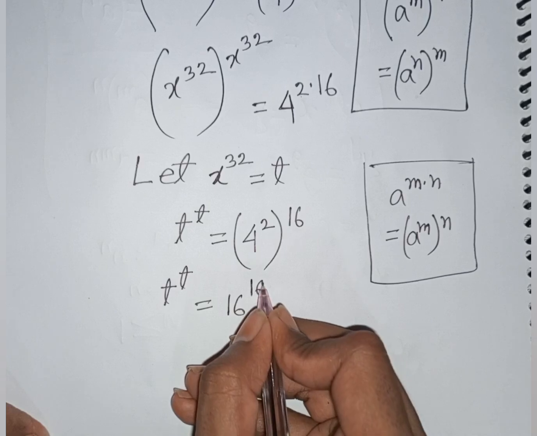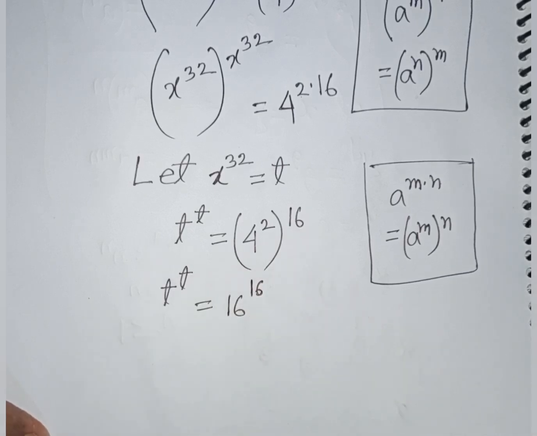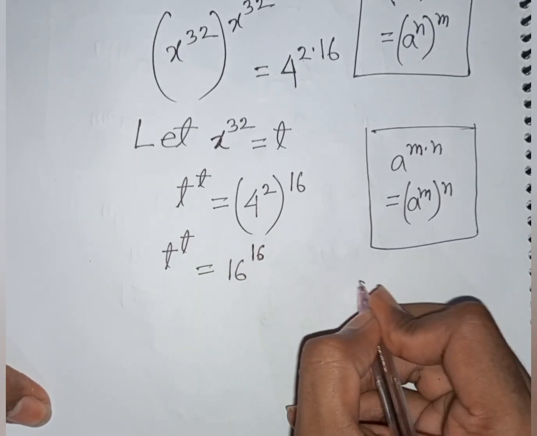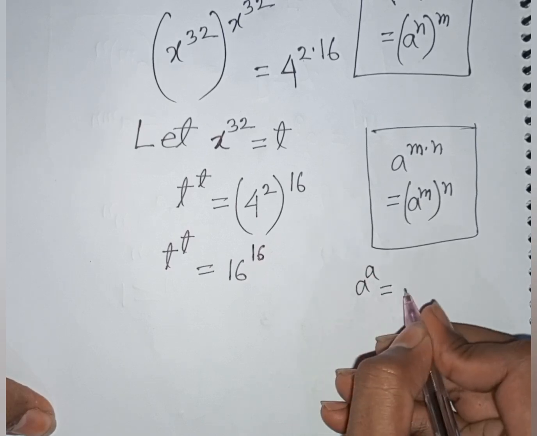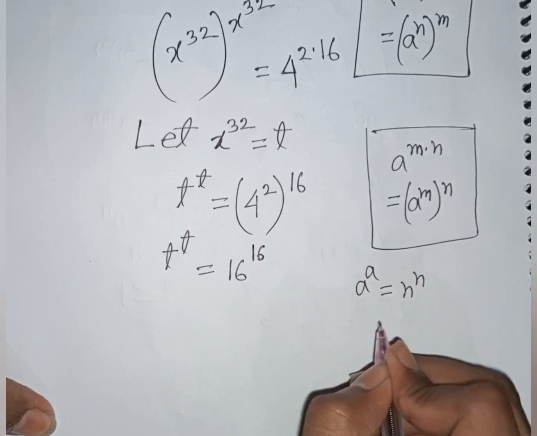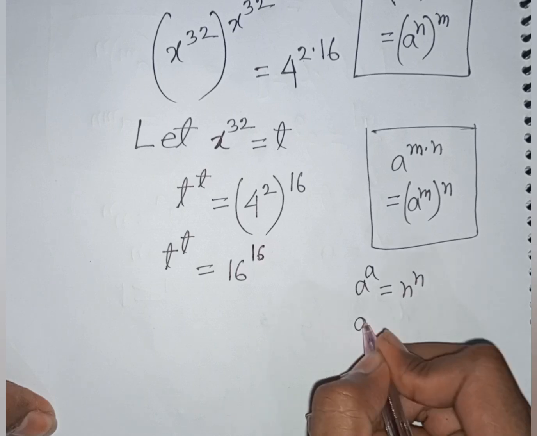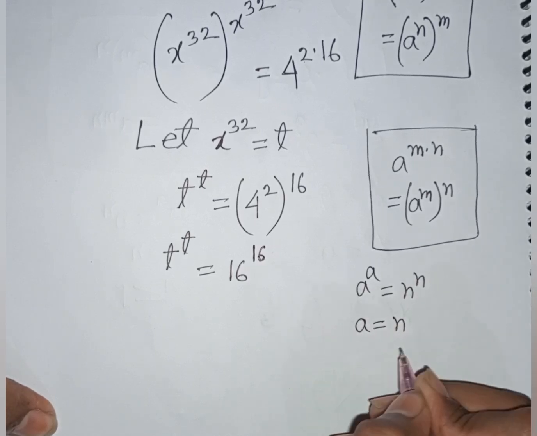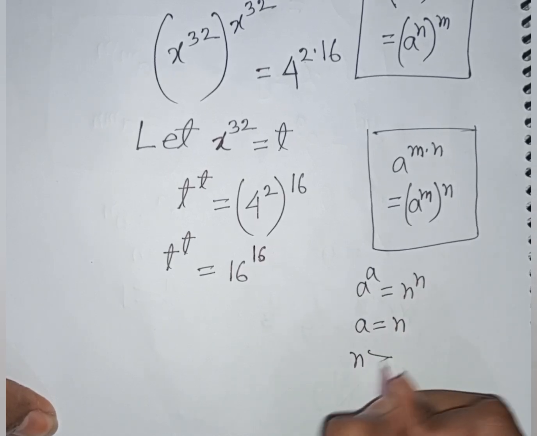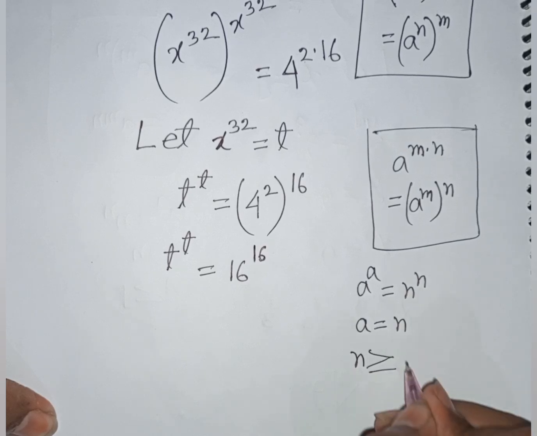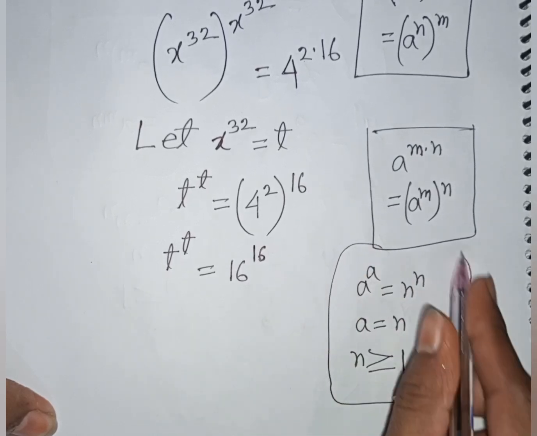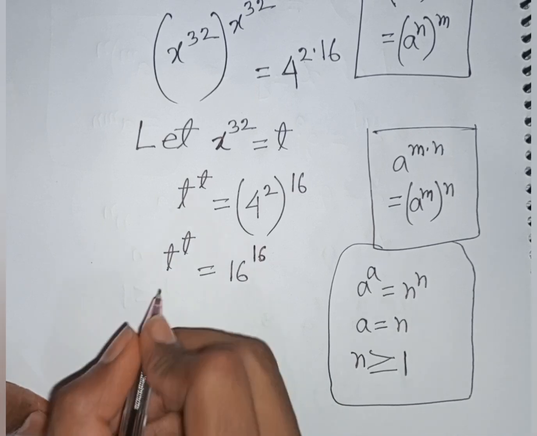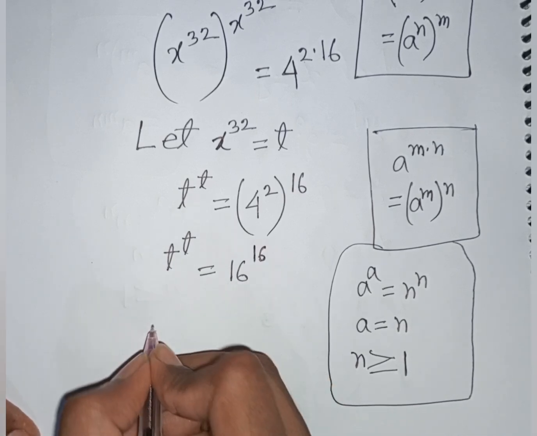Now here you can apply the rule that if a^a is equal to n^n, then a will be equal to n, where n is greater than or equal to 1. So according to this rule, we can compare that t will be equal to 16.